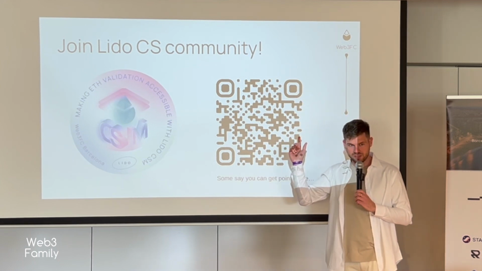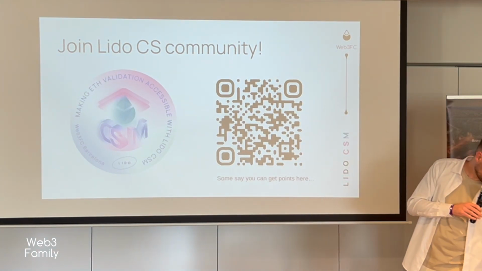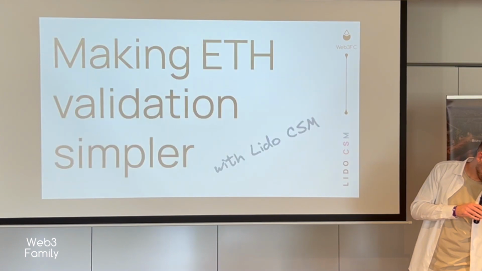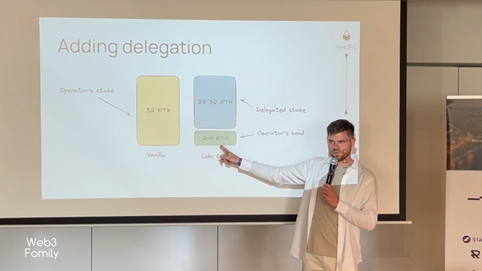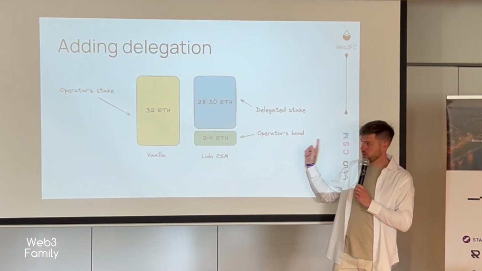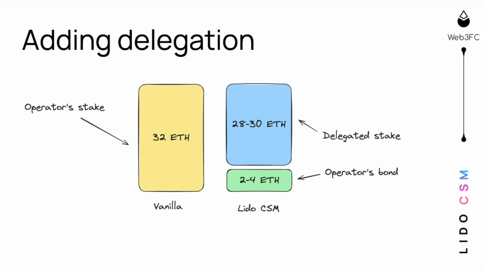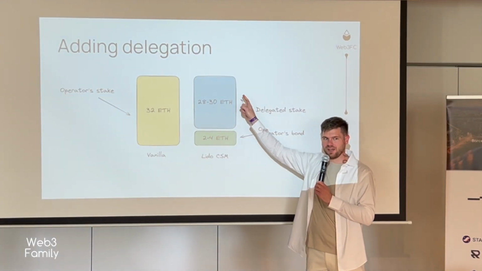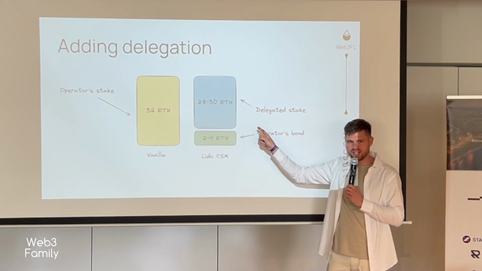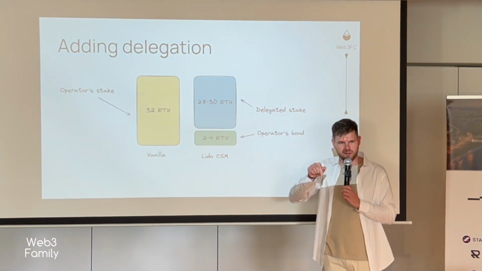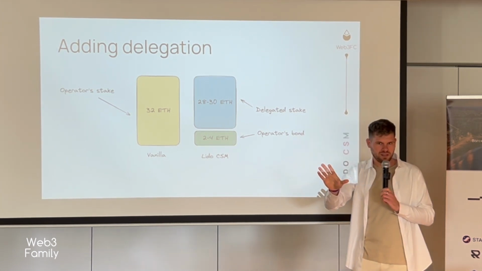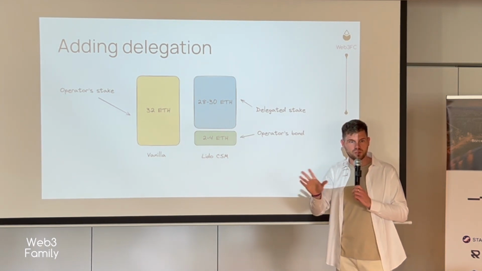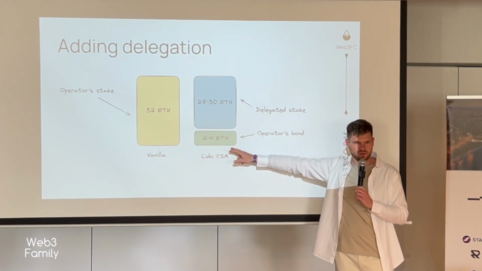But as I've mentioned, let me scroll back to this delegation picture. You can take this 2 to 4 ETH and just stake it. But you can use it here as the collateral and get all this delegated stake on top, and get fees on all this delegated stake that you operate, effectively increasing your APR compared to a regular stETH by 1.7 or even 2 times, depending on the size of the collateral you brought.